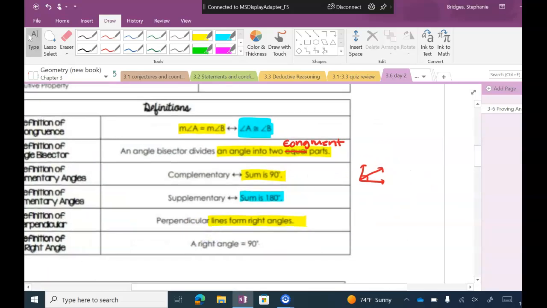Okay, so for example, if I said, let's say AB and BC, if I were to say that those are perpendicular, then you would say that angle ABC is a right angle. Okay, so if I tell you you have 2 perpendicular lines, you should be able to name some right angles. Okay.